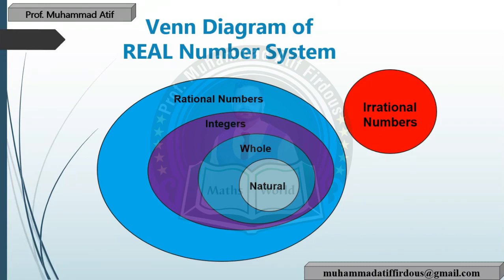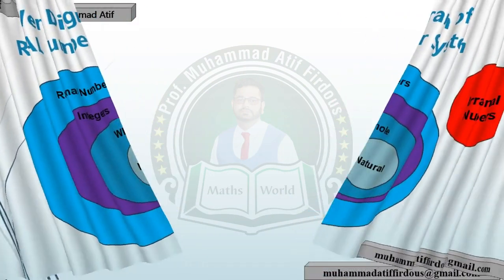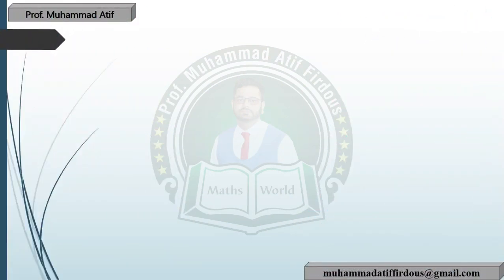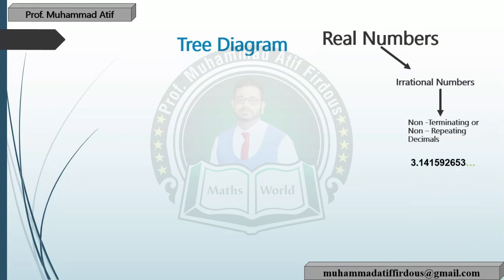We can remember rational numbers or real numbers with the help of a tree diagram. You can see real numbers can be subdivided into irrational numbers. Irrational numbers are non-terminating, non-repeating decimals, or numbers which cannot be written in the form of P over Q. For example, 3.1415 is a non-terminating, non-repeating decimal.